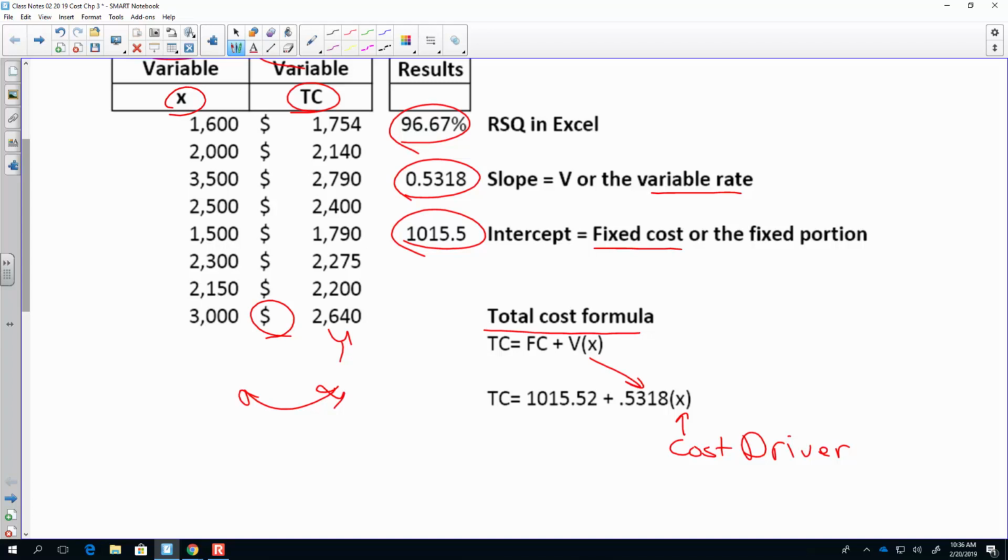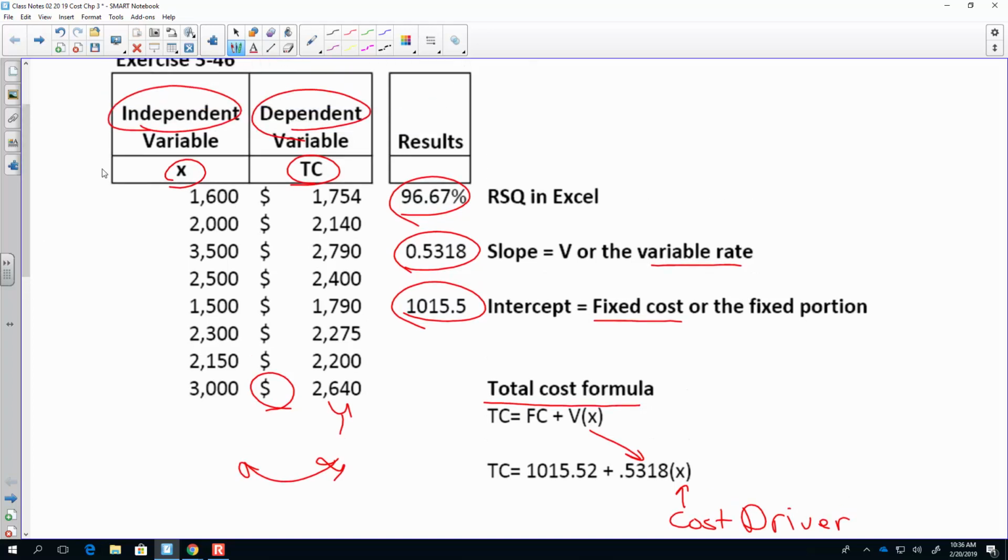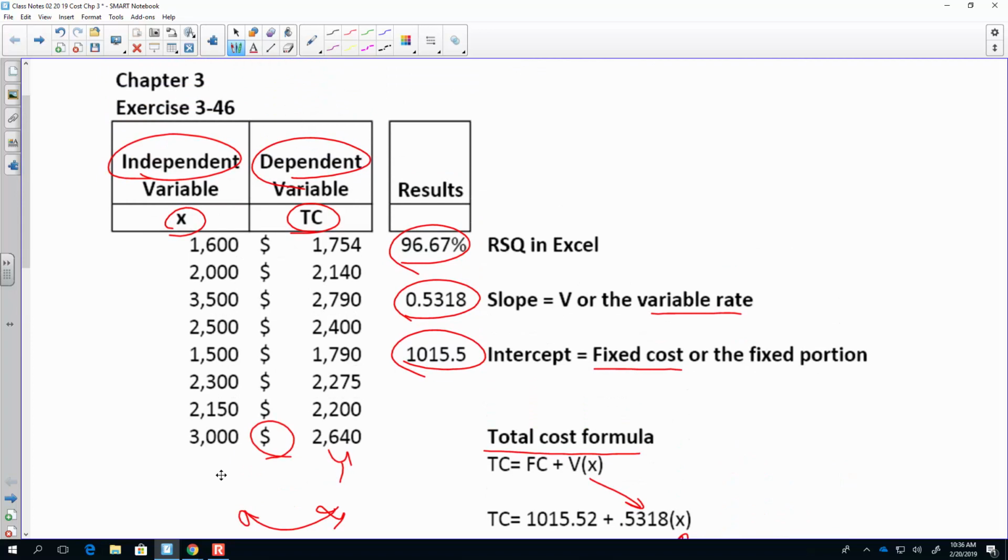We cool with that? Are you down with that? Are those supposed to be the correct numbers? I'm hoping so. I think this probably is an older problem. Just key in these numbers and see if you get these answers.